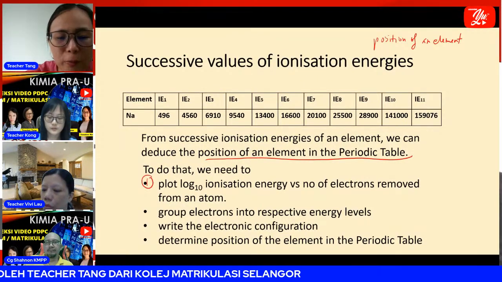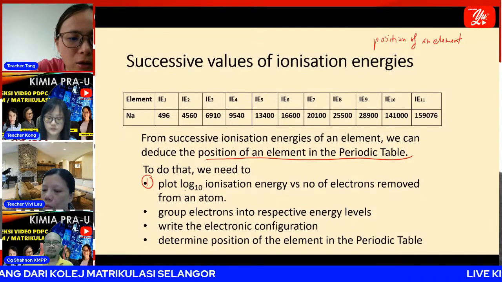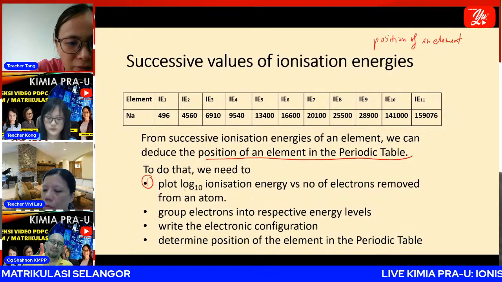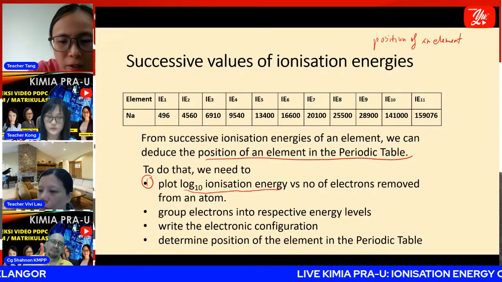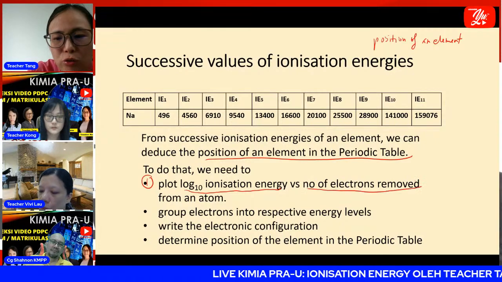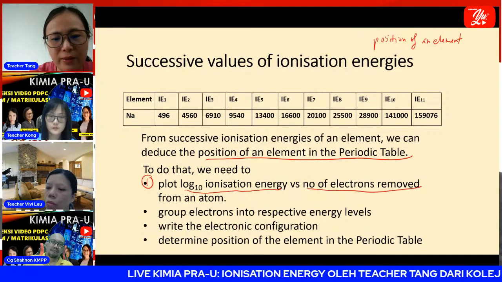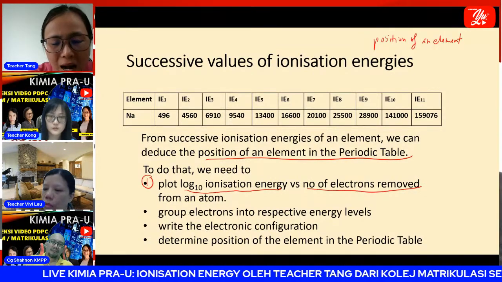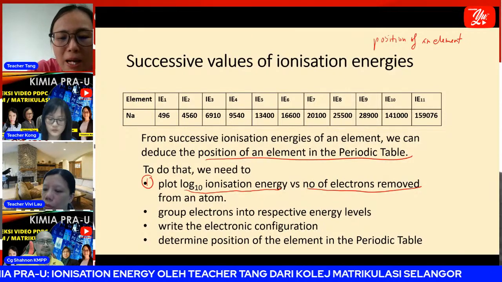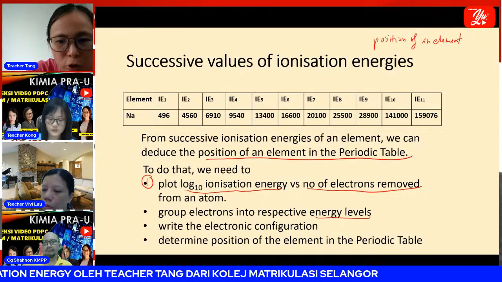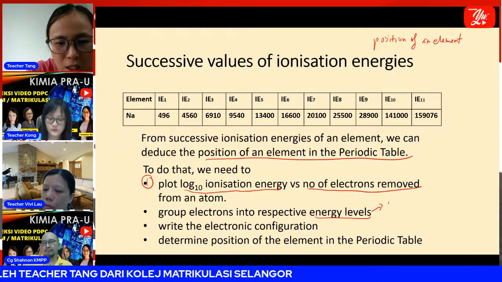What graph to plot? We can plot a graph of log to the base 10 of ionization energy versus number of electrons removed. From the graph, we can determine how many energy levels are involved, to determine the period.